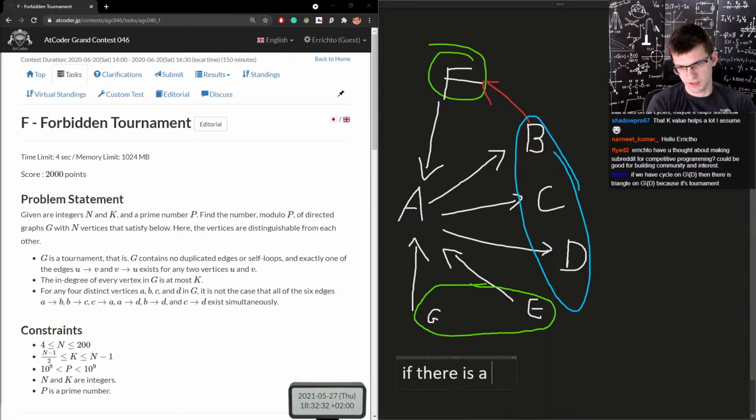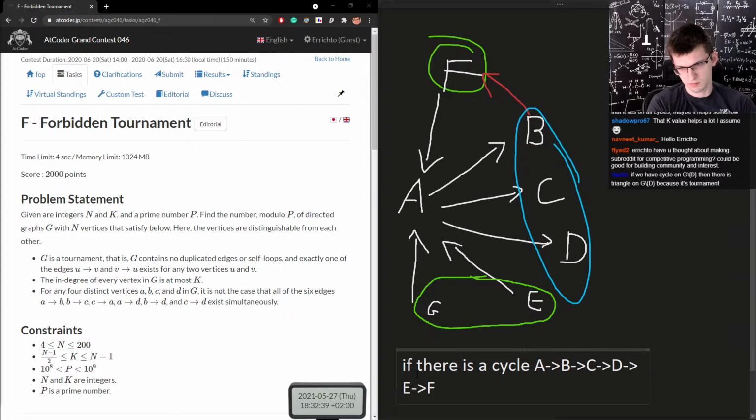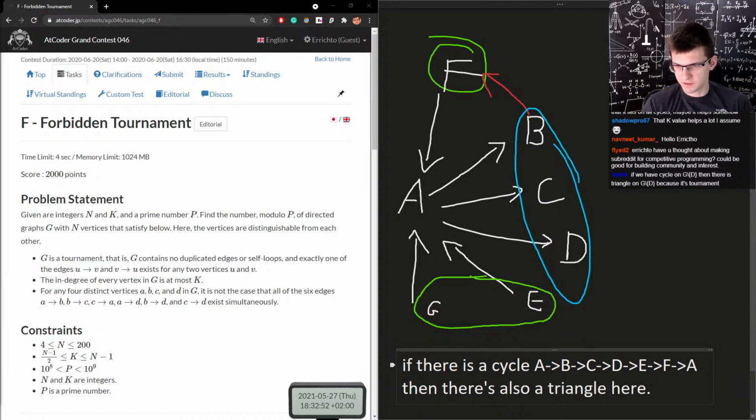If there is a cycle like this, say it doesn't matter what exactly, then because it's a tournament, there is a triangle, right? Let's see, if from C to A, basically any shorter edge, it will give you a shorter cycle, and eventually you will get to size 3.